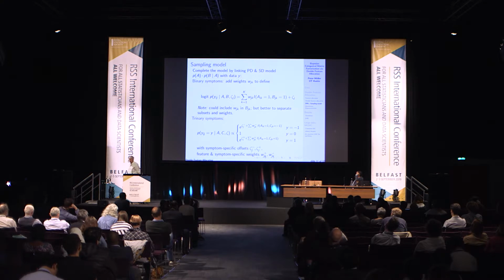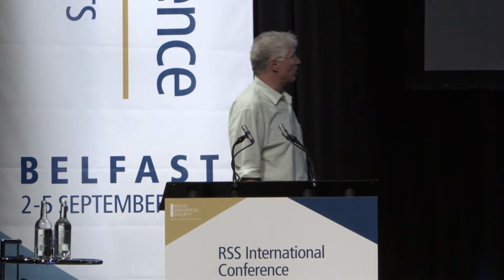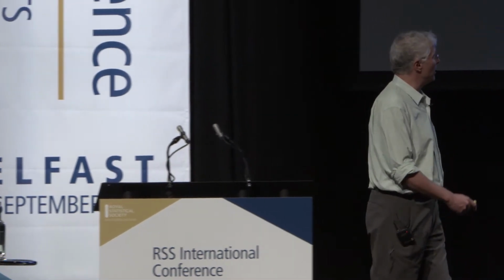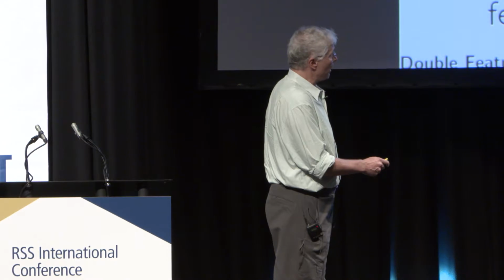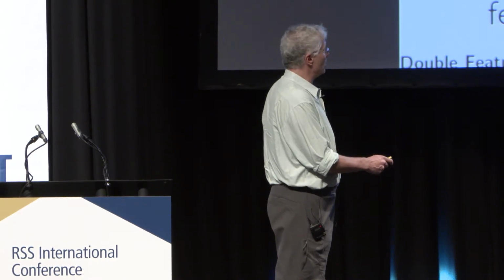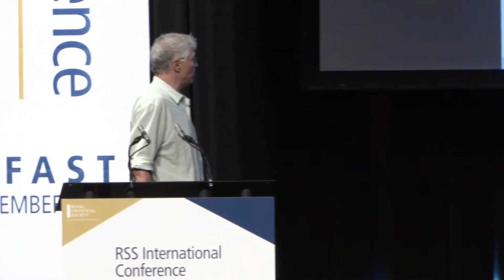What we need now is two sets of WJKs, one for observing the symptom at the -1 level and one for observing the symptom at the +1 level. And again, the same comment holds. Instead of separating the entries of the trinary matrix with ±1 and 0 and the weights, I could have made them continuous entries. And again, I prefer to separate it.